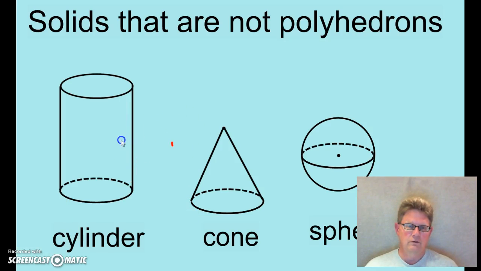The cylinder, the bases are circles, and the lateral face is kind of like a big rectangle when you fold it out. Okay, the cone has one base that's a circle, and then the lateral surface area is actually a sector. It's really crazy. And then a sphere, it's just round all over the place.